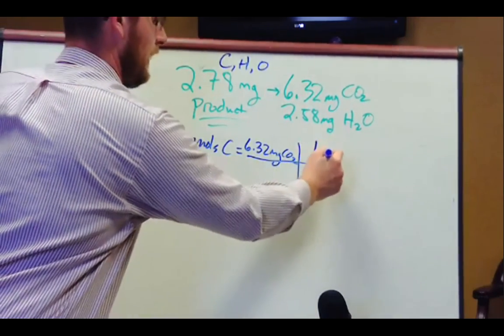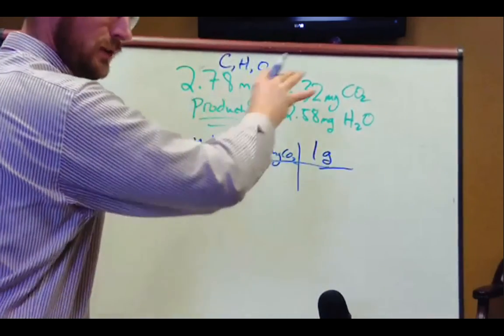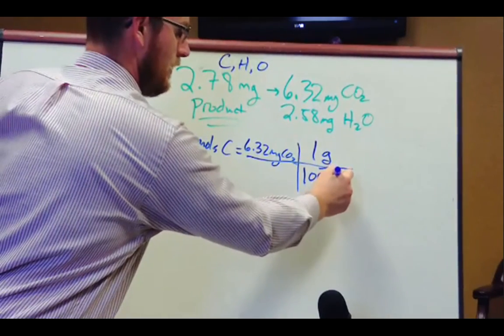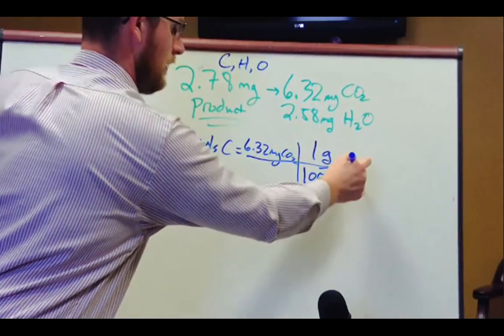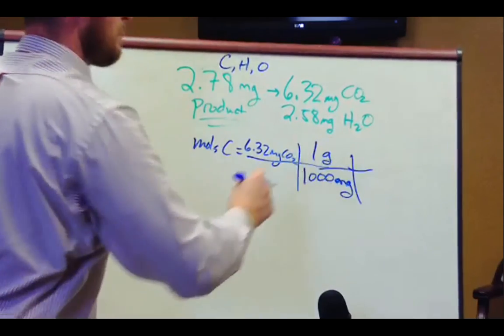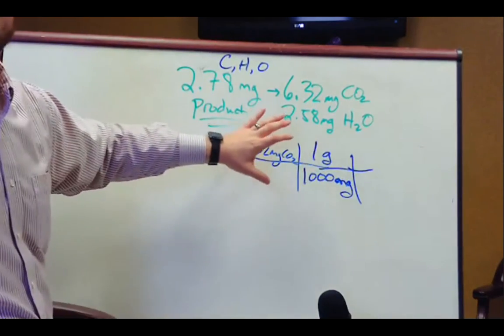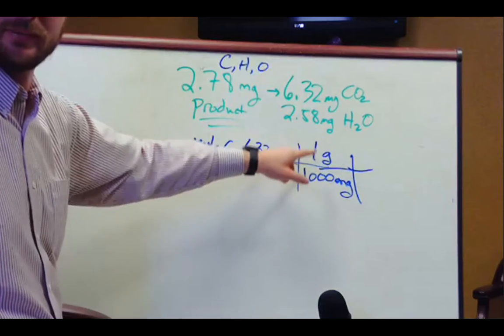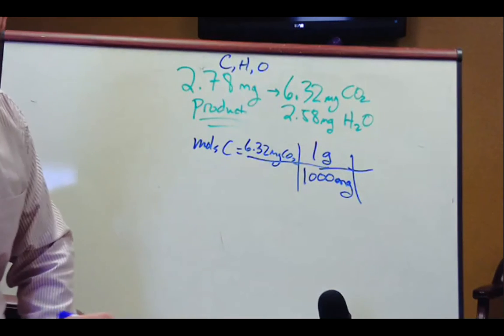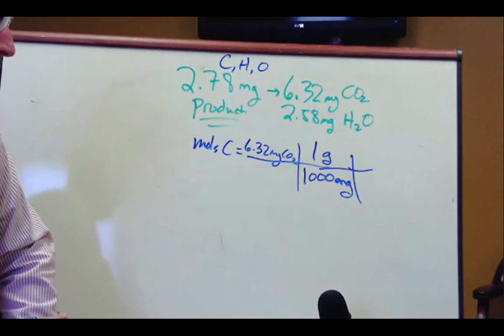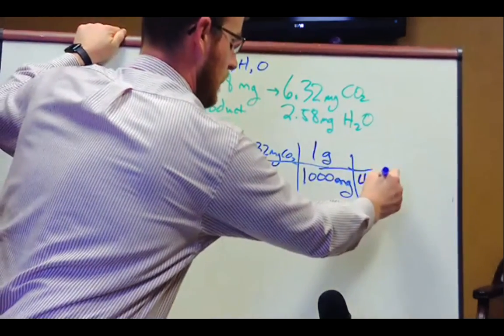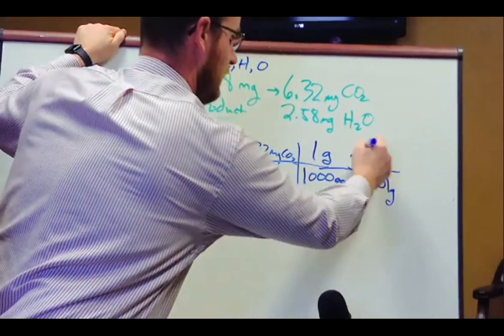For every 1 gram, remember, there's 1,000 milligrams, so we need to cancel the milligrams. Well, how do we go from grams to moles? That's right, we divide by the molecular weight.